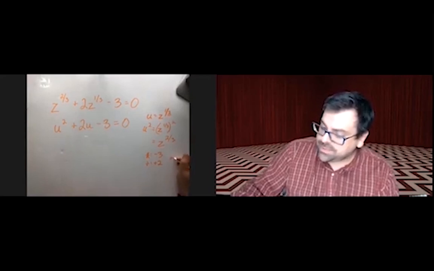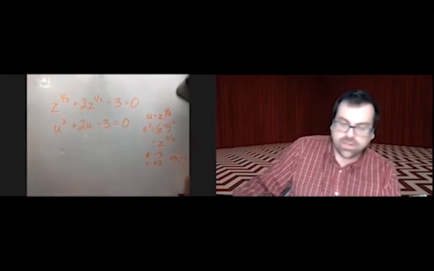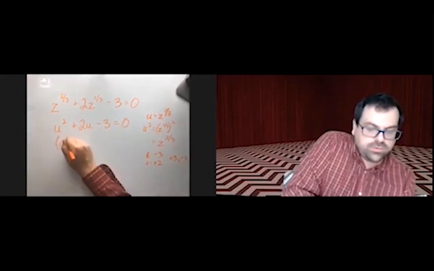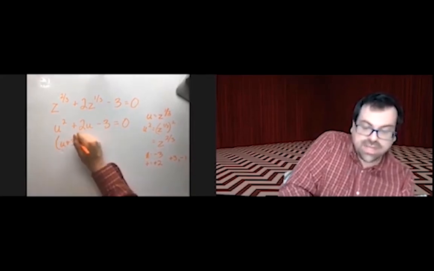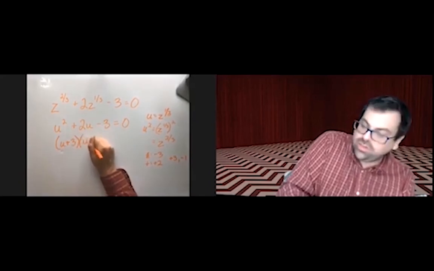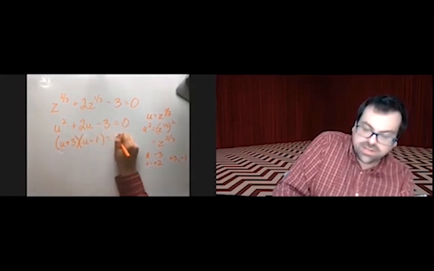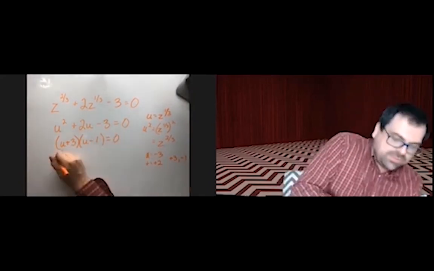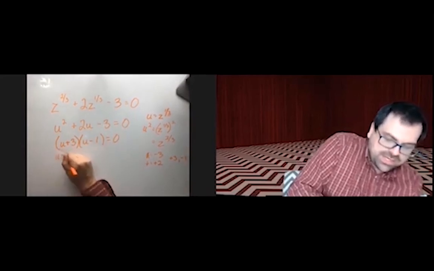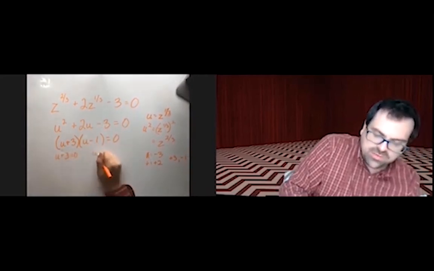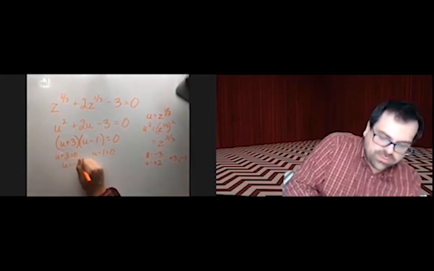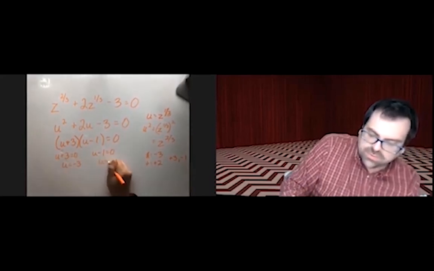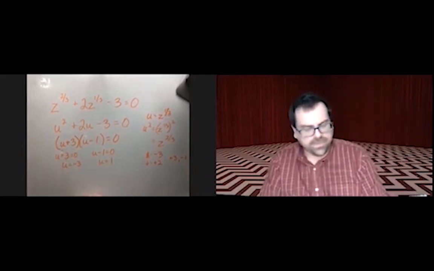These numbers are +3 and -1. (u plus 3)(u minus 1), I was getting ahead of myself. Which means u plus 3 equals 0, u minus 1 equals 0. u equals -3, u equals +1.